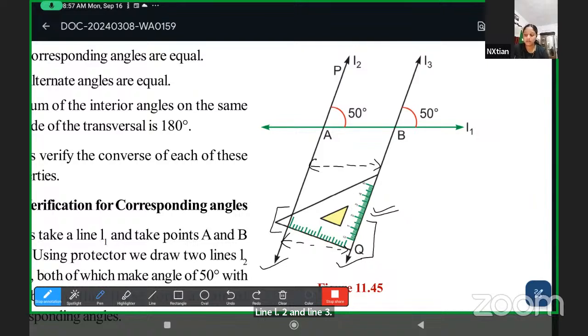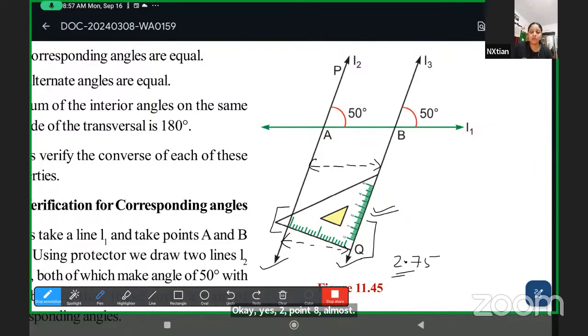Ma'am, I got 2.75. Okay, that's basically between 2.7 and 2.8. Yes, 2.8 almost.